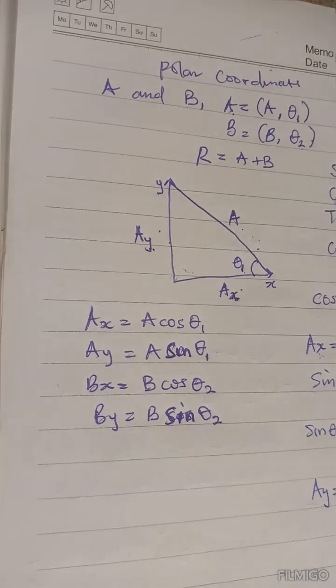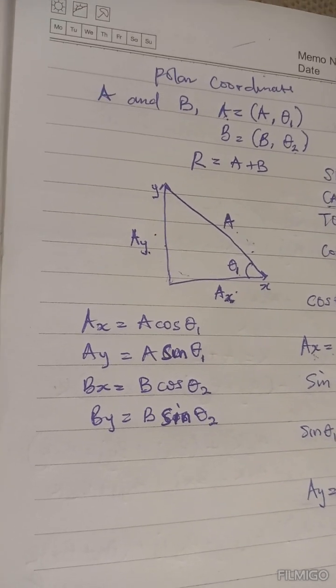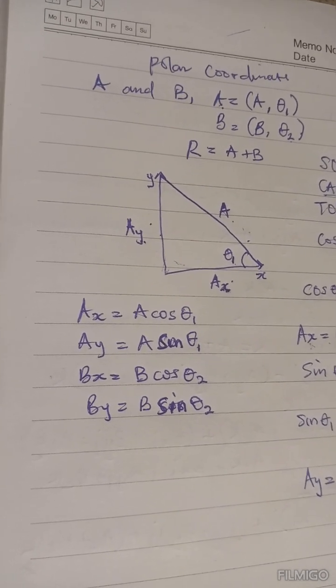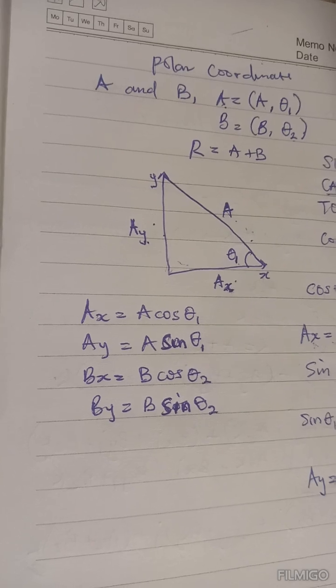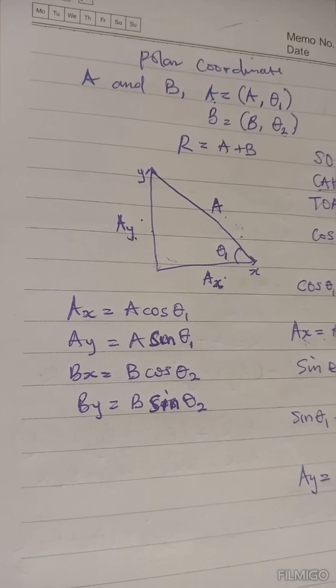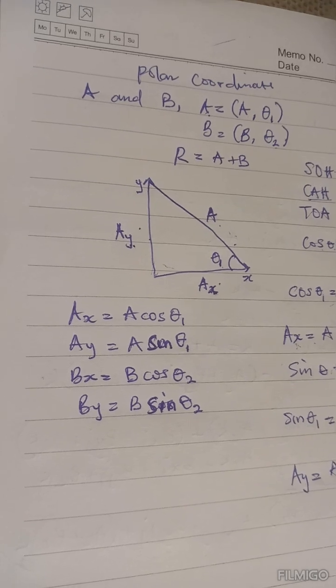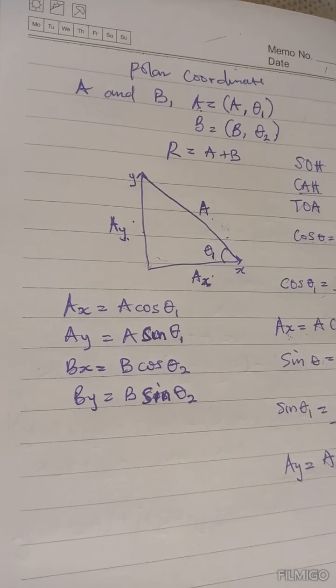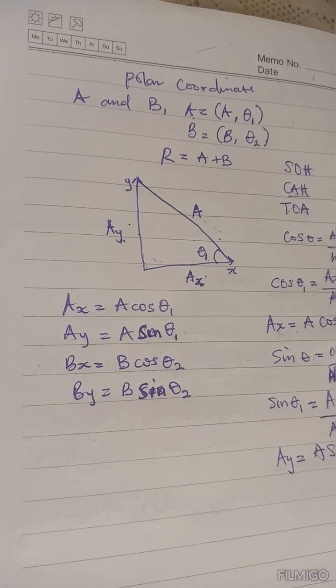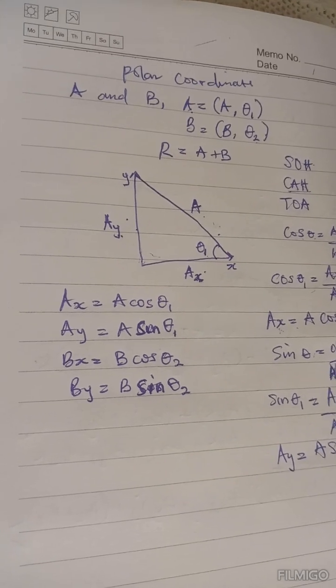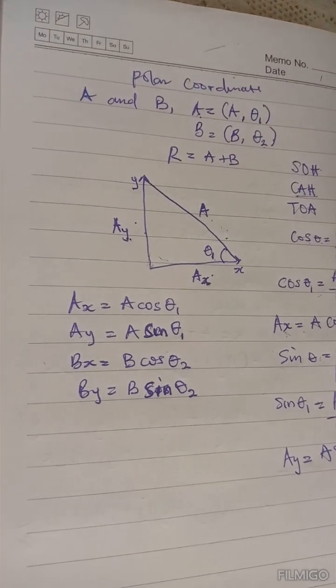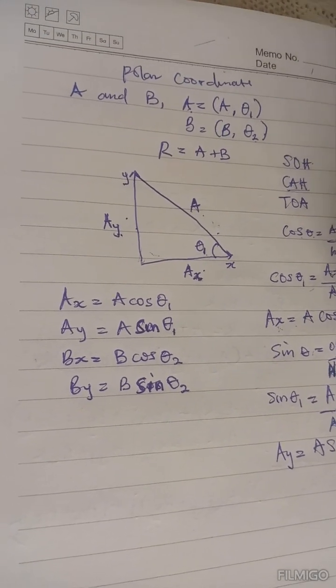Vector a has its own y component and x component, and vector b has its own y component and x component. So we have to look for the addition of all the x components, both a and b, and of all the y components, both a and b.